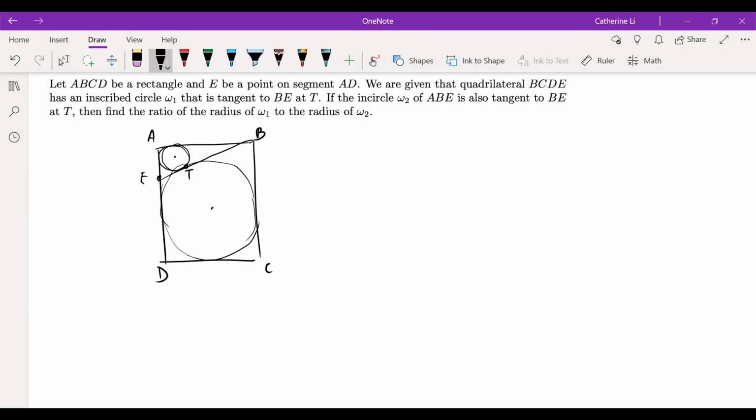Okay. So for this one, it's pretty much just drawing all of the lengths from the center of the circle to the points of tangency, and the rest of it is not that bad. It's just algebra. So if we call the radius of the big circle big R and the small one small r, we also need, I think, one more variable.